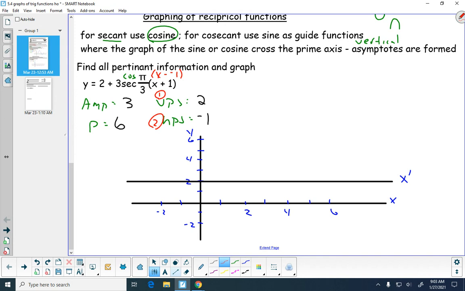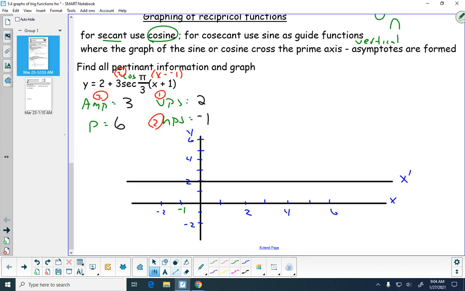Then we take a look at the trig function, which is cosine. So if we have a cosine, we have to start at a peak or a valley. So what we're going to have to take a look at is also the amplitude here, because that tells us what is our distance from our prime axis to our peak, our prime axis to our valley. So at -1, we have a cosine curve. We have an amplitude of 3.